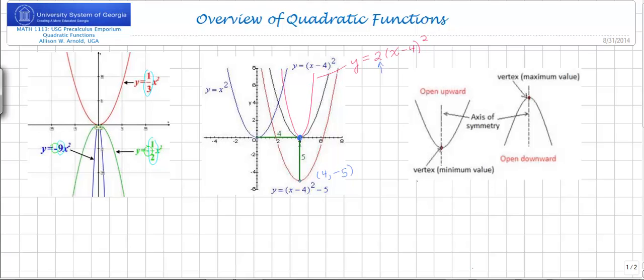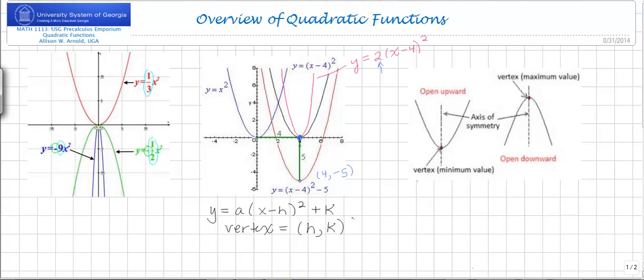So in effect, what we see is the translations or operations on functions, if you will, that most affect the vertex are the horizontal and vertical shifting. So in this particular case, your vertex, y equals a number times x minus h quantity squared plus k, is going to be right h and up k.